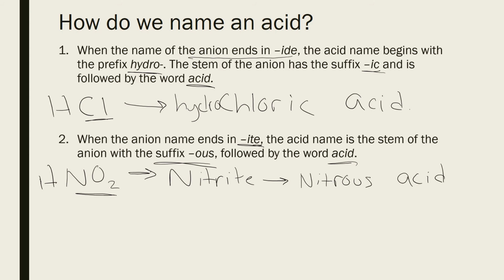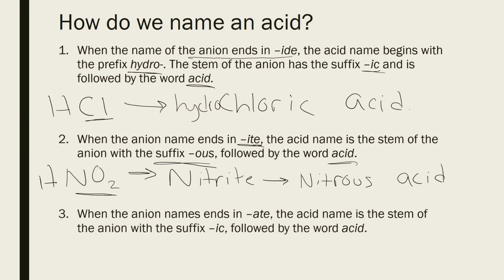And your third situation is when the anion name ends in ATE, so it's another polyatomic. The acid name is the stem of the anion with the suffix IC, followed by the word acid. Again, no hydro is needed because it's a polyatomic.